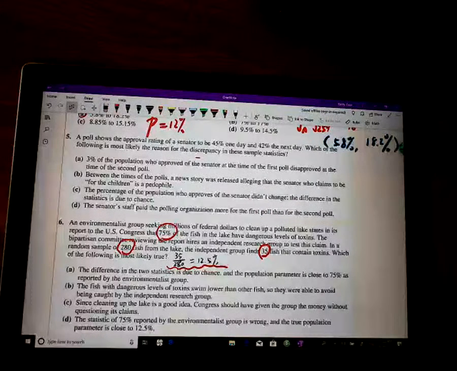B. Between the times of the polls, a news story was released alleging that the senator who claims to be for the children is a pedophile. C. The percentage of the population who approves of the senator did not change. The difference in the statistics is due to chance. D. The senator's staff paid the polling organization more for the first poll than for the second poll. I would choose C. Make sense of it, okay?